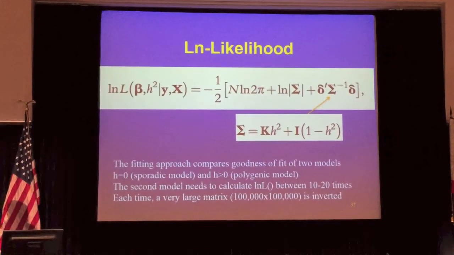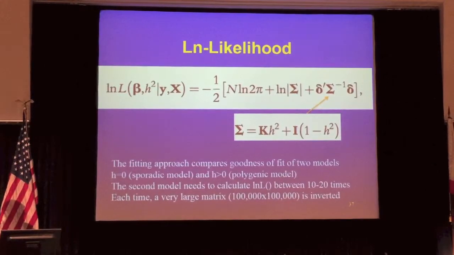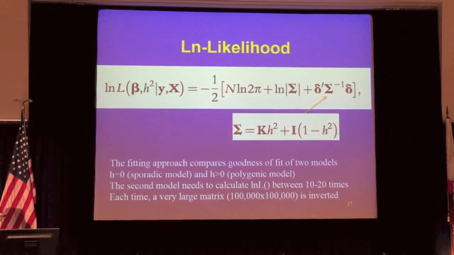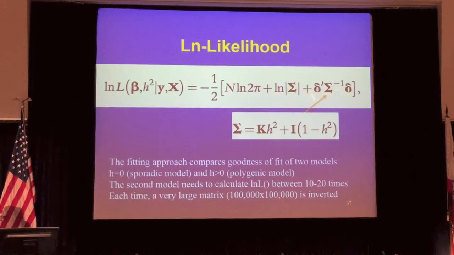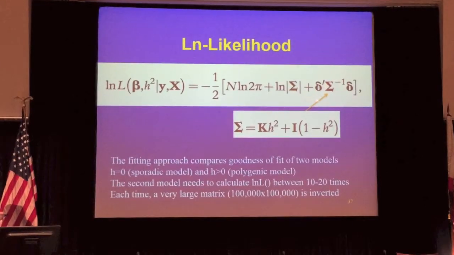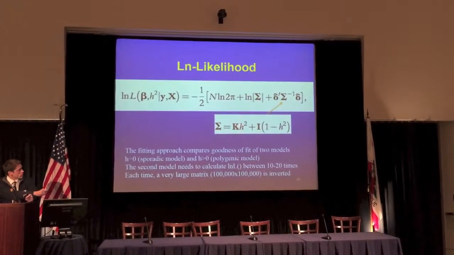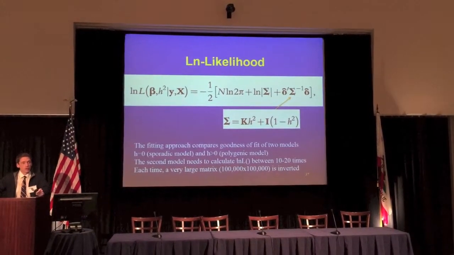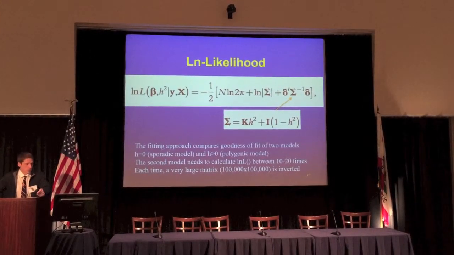So the ln likelihood, or log likelihood, of this expression of the polygenic model is given by this equation, where you take a logarithm of the trace of this matrix, but here you actually have a kernel matrix, and that kinship kernel matrix can be as large as 500,000 by 500,000. So it can be a very large matrix.